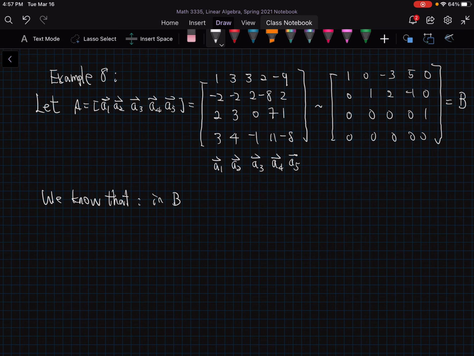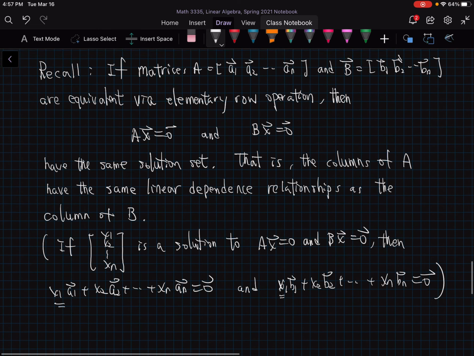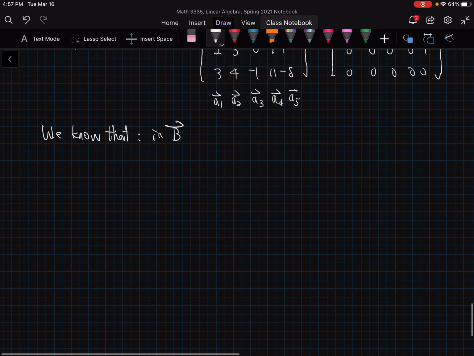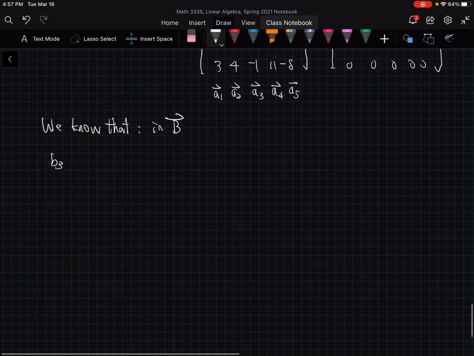Okay, so we know that in B, the columns of B, which we did a while ago, B3 equals negative 3B1 plus 2B2. That's the same dependency.